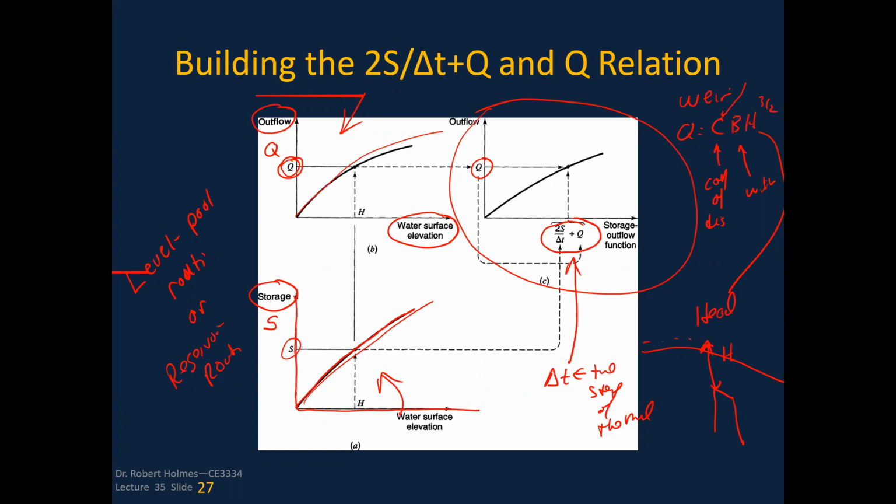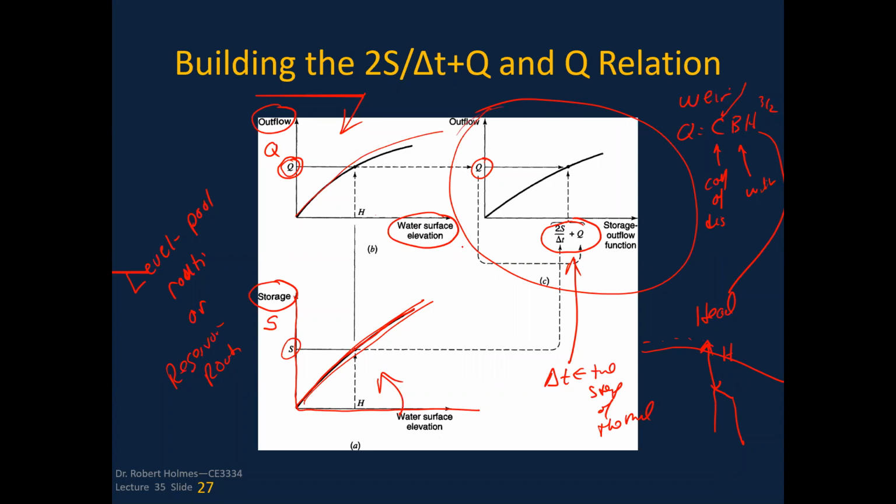You've got 2 acres, and an acre is 43,560 square feet. Then you can come up with a relationship between the elevation, assuming the bottom of the reservoir is 0, and the storage that goes in it with each successive amount of elevation you add. You can come up with a storage curve. And then taking the data between these two graphs, we can come up with this relation.